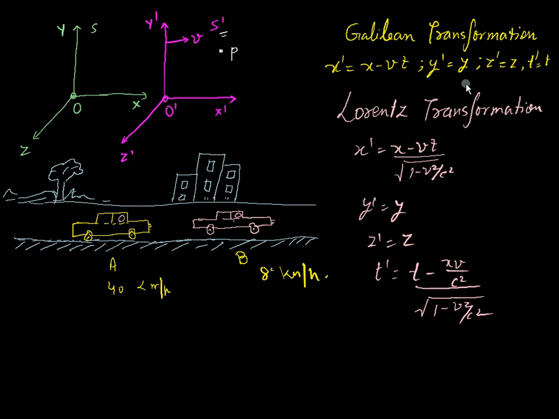Galilean transformation gives these equations because x and t are the coordinates of the observer O. He can use his observation, and with the help of that he can define the coordinates of O prime, and by using these coordinates he can define that particular event.